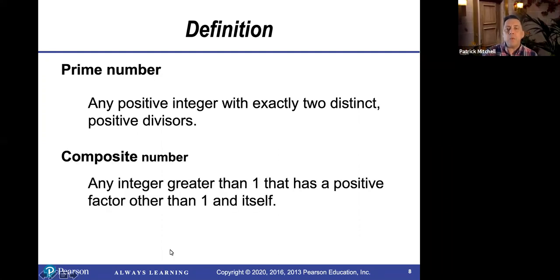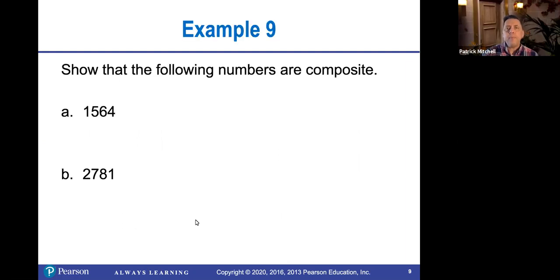Any integer greater than 1 that has a positive factor other than 1 and itself, in other words, it has at least 3 distinct positive divisors, is called composite. All right, so to show that a number is composite, you just have to show that it has at least one factor other than the number 1 and the number itself.